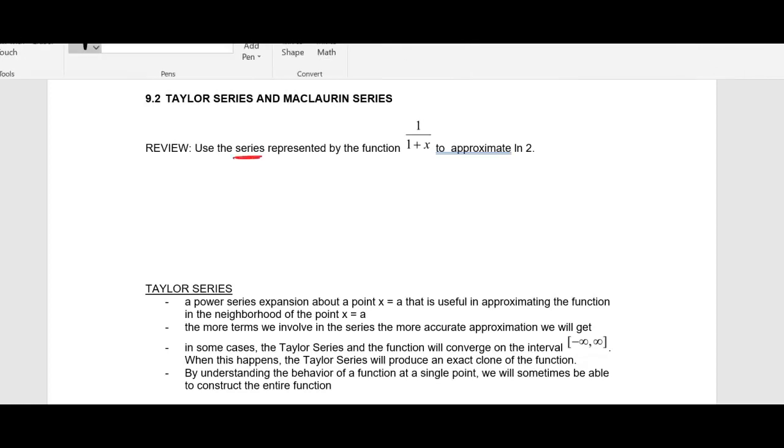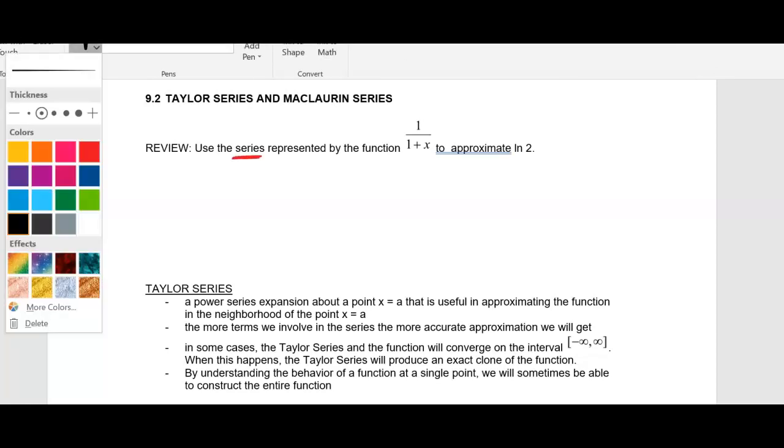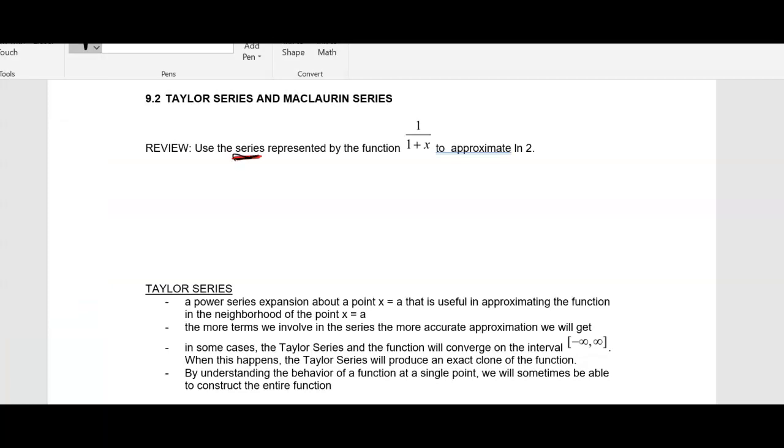Use the series represented by the function 1 over 1 plus x to approximate the natural log of 2. If you remember, one of the things we did last week when we did the power series is we talked about, again, the sum of a geometric series.